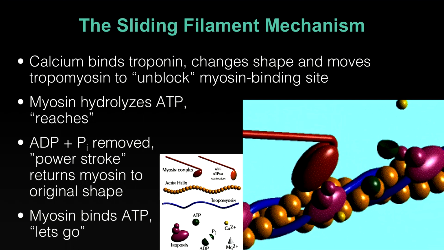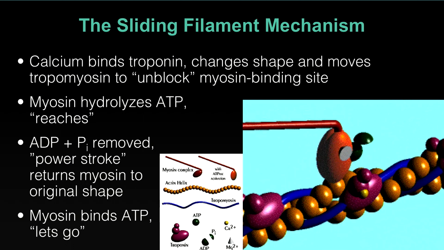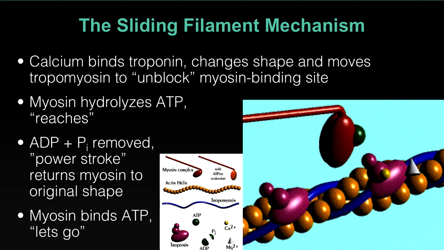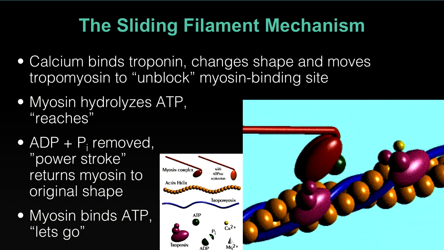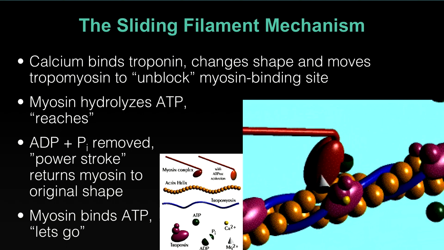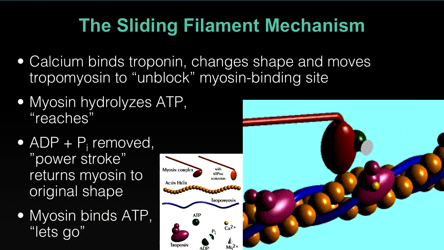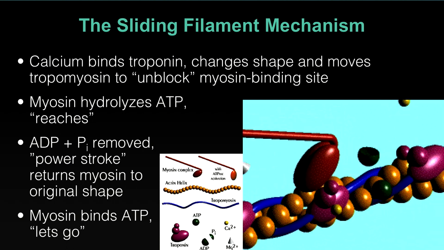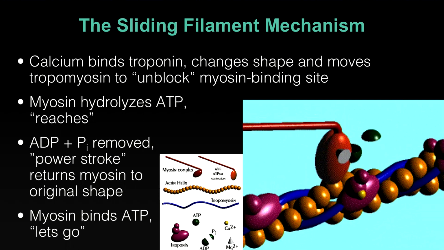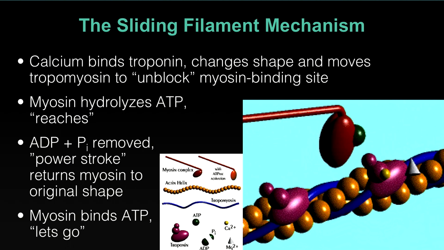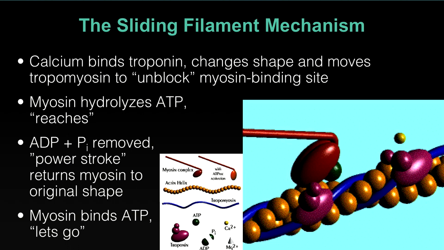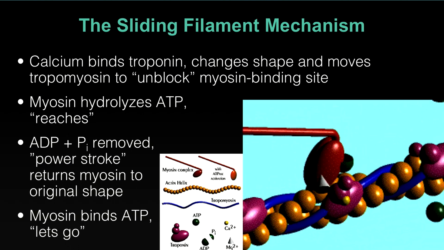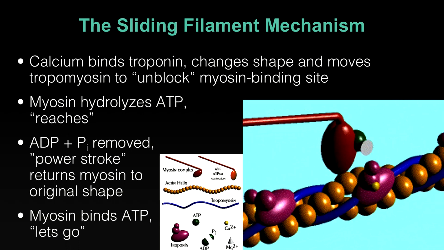And it's only when ATP binds that myosin lets go. Myosin is stuck, attached to actin, until it binds a new ATP molecule. When it binds, it lets go. When it binds, it reaches, and it starts the whole process over again.